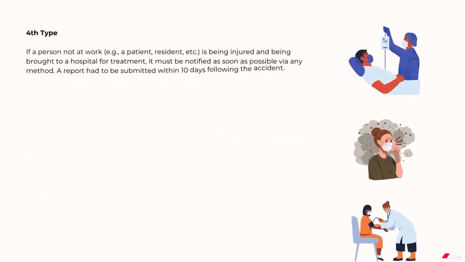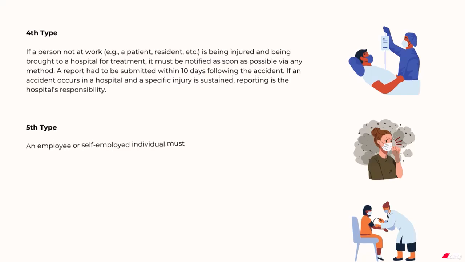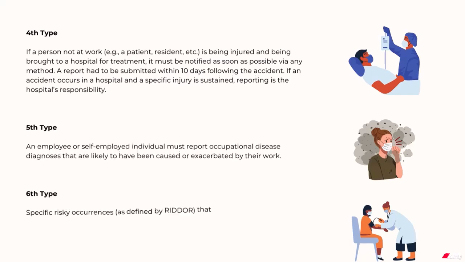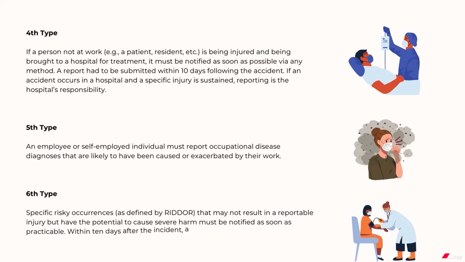Fourth type. If a person not at work, for example, a patient, resident, etc., is injured and taken to a hospital for treatment, it must be notified as soon as possible via any method. A report had to be submitted within 10 days following the accident. If an accident occurs in a hospital and a specific injury is sustained, reporting is the hospital's responsibility. Fifth type.